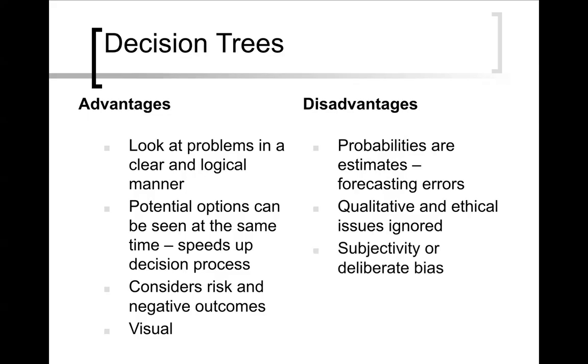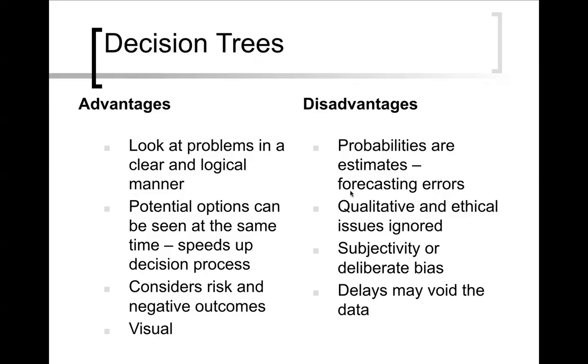If I'm a manager and I really am leaning towards one project or decision, I may potentially skew the numbers a little bit just because it may make that look better. That's not the best way to do a decision tree, but it is possible. And again, delays or externalities could void the data. So just keep that in mind.